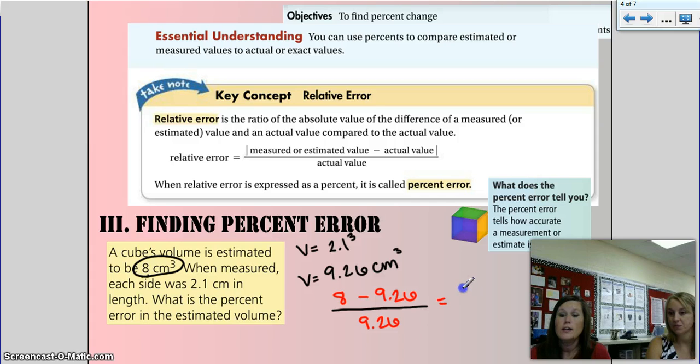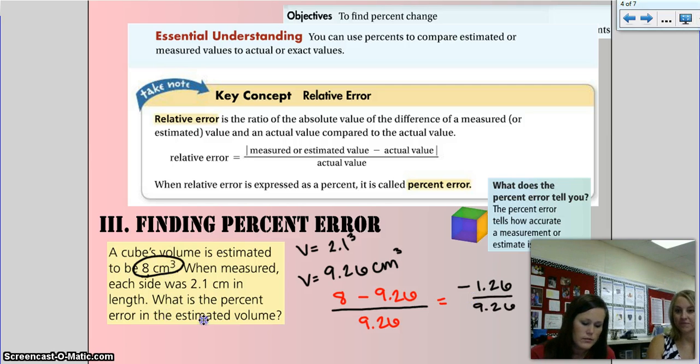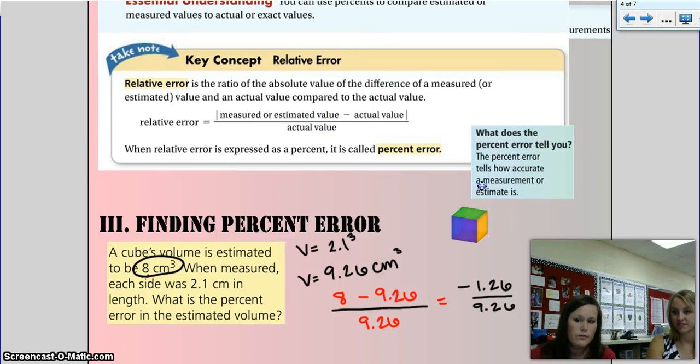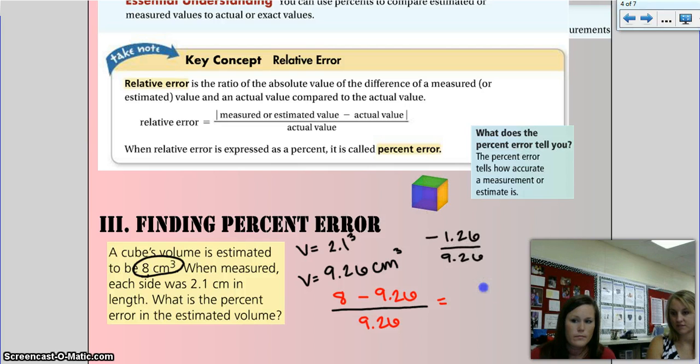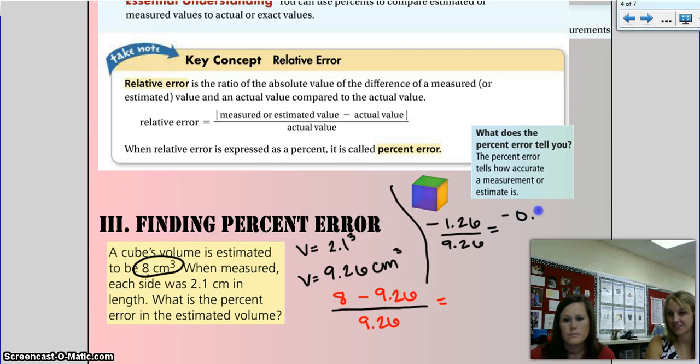So negative 1.26 divided by 9.26 is negative 0.136. Then we multiply that by 100 to get our percent. So it's negative 13.6%.